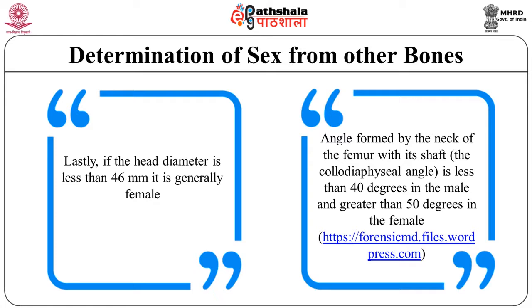We can determine the age, the sex, and also the height of the individual from the long bones or different bones which we find from different areas. Now I will tell you a very simple method: we take the total length of the bone and multiply it with the multiplication factor. Each bone has a different multiplication factor, so we get the estimated stature of the individual.